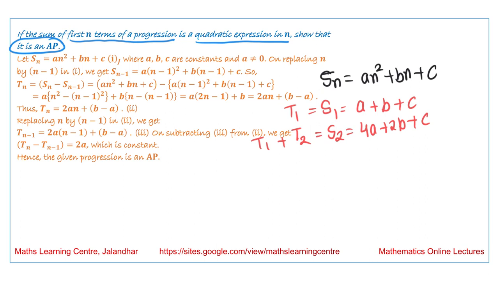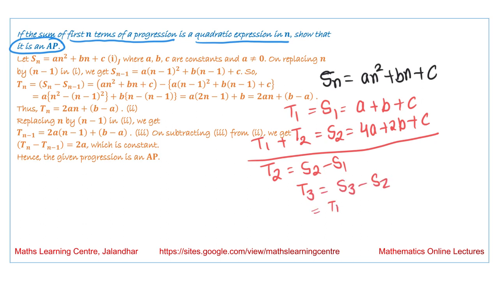So if we want to calculate the value of T2, that is equal to S2 minus S1. Similarly, if we want to calculate the value of T3, it is S3 minus S2. S3 is T1 plus T2 plus T3, and we are subtracting T1 plus T2. So we are getting the answer as T3.